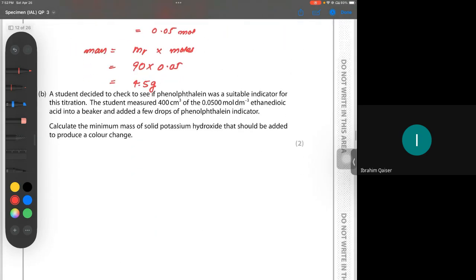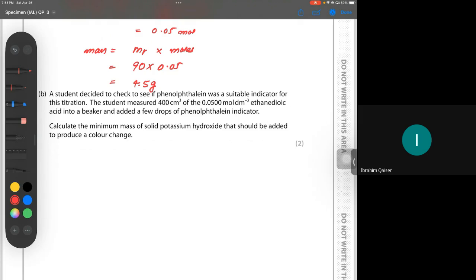A student decided to check to see if phenolphthalein was a suitable indicator. For this titration, the student measured 400 cm cube of 0.0500 mole per dm cube ethane dioic acid into a beaker and added a few drops of phenolphthalein indicator. Calculate the minimum mass of solid potassium hydroxide that should be used to produce a color change.